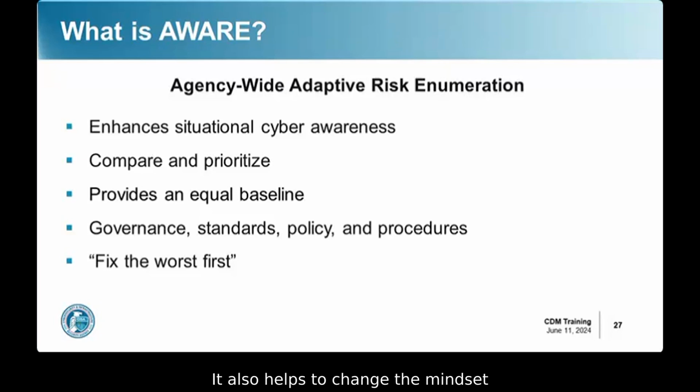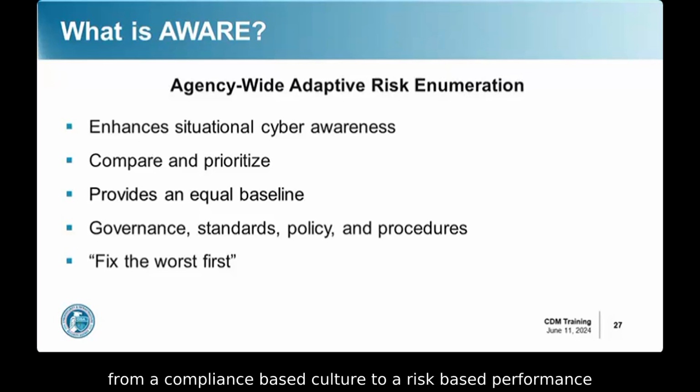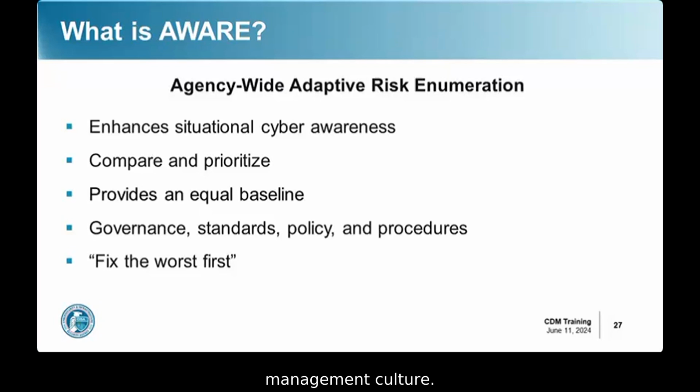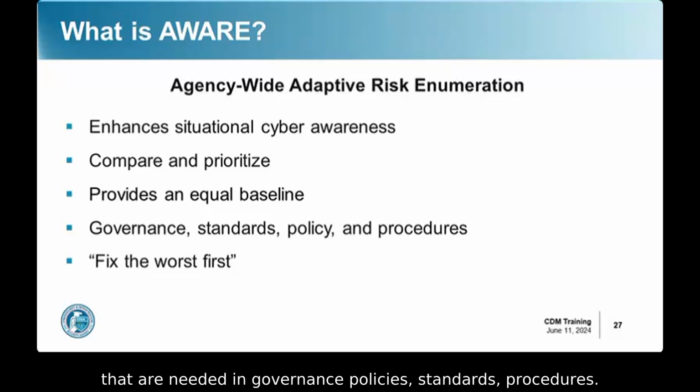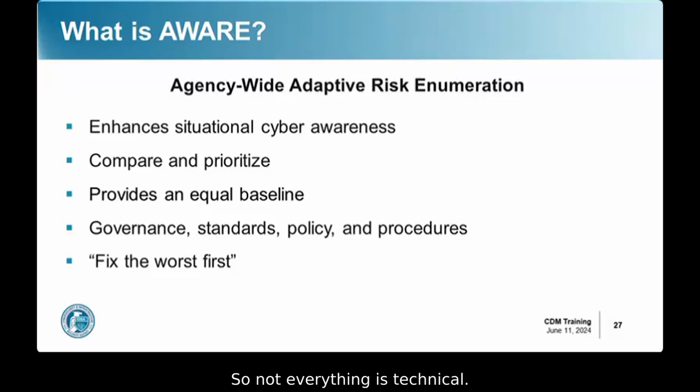It also helps to change the mindset from a compliance-based culture to a risk-based performance management culture. And this improved risk posture likely has some residual effects, such as revealing changes that are needed in governance policies, standards, procedures. So not everything is technical.